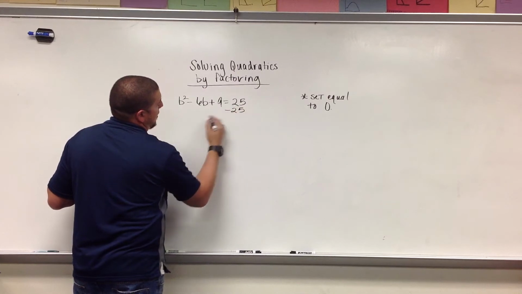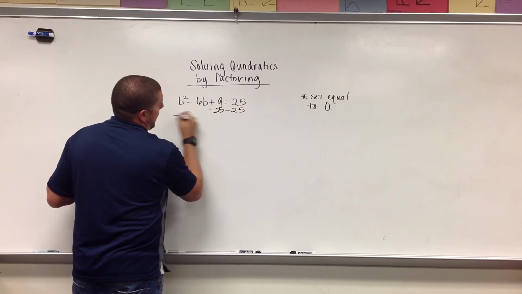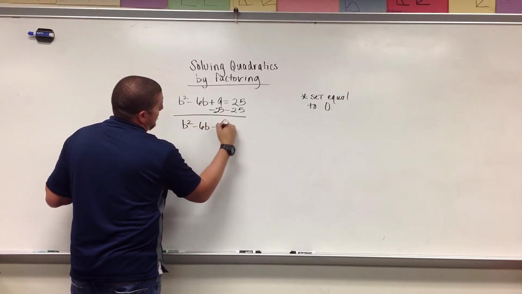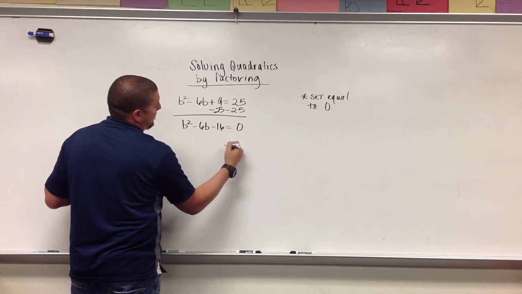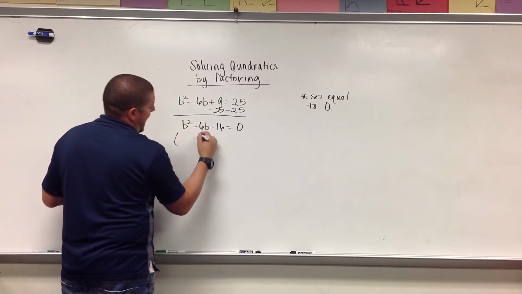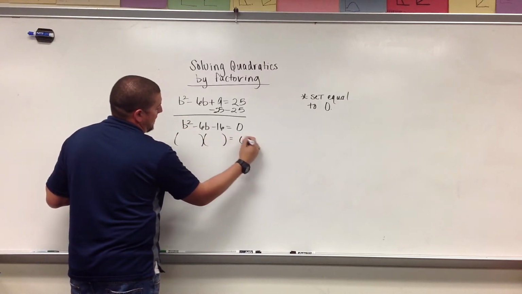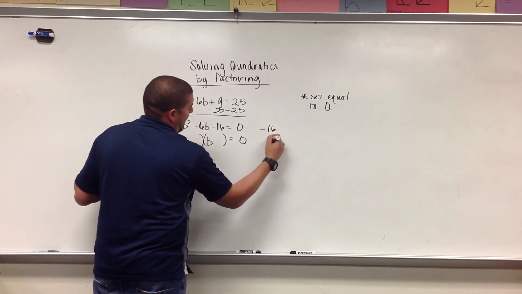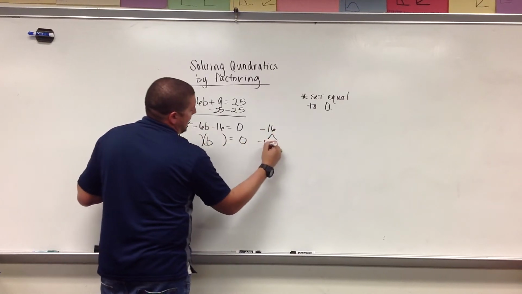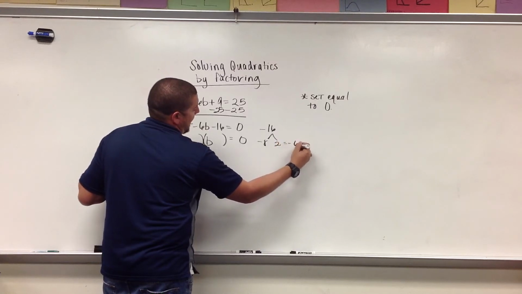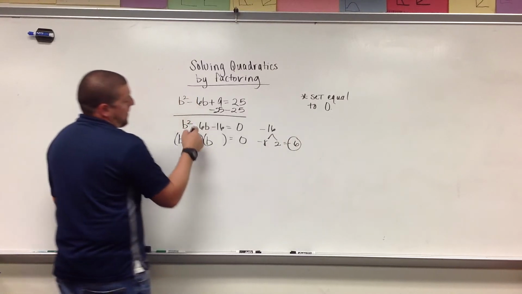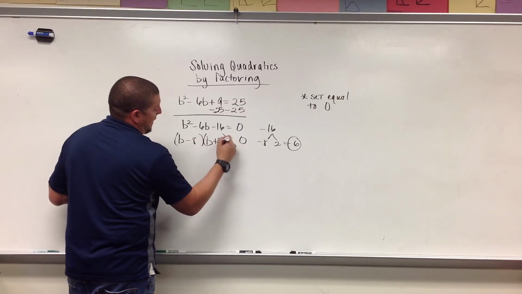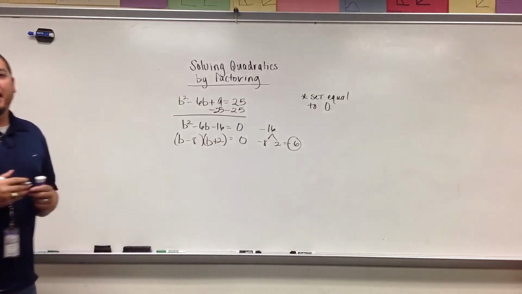We subtracted 25 from both sides and ended up with b squared minus 6b minus 16 equals 0. Then we realized we didn't have to use the rooftop, so we dropped down the parentheses, dropped in our b values, and looked at negative 16, figured out that negative 8 and 2 multiply to negative 16 and add to negative 6. We're looking for that based on our OI term. So then we threw in our minus 8 and plus 2 here. And that's where I left you at the very beginning of this video.